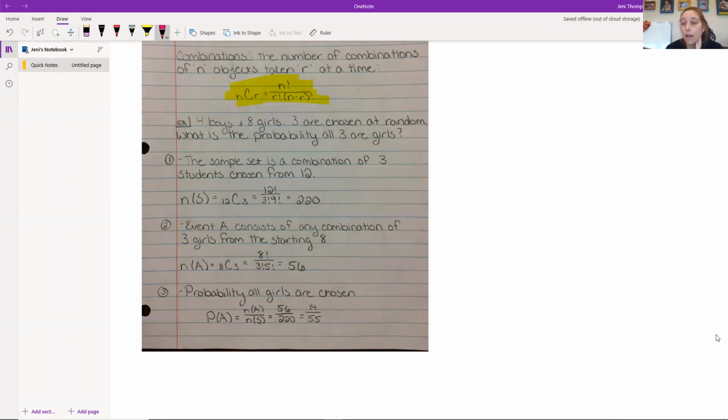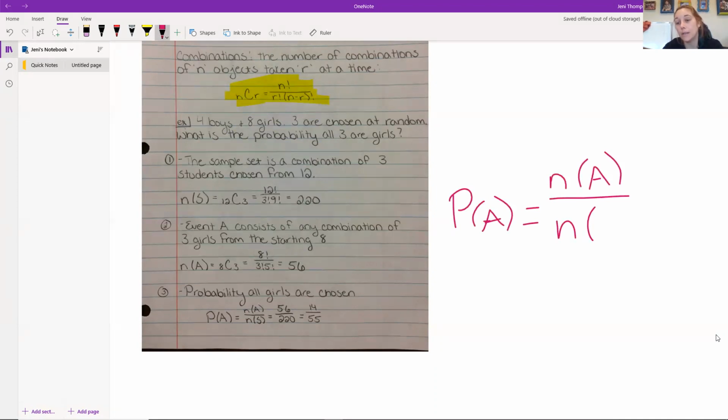Remember that the probability that some event will happen is the number of possible outcomes for that event divided by the number of all possible outcomes. So we want to find the probability that all 3 are girls.